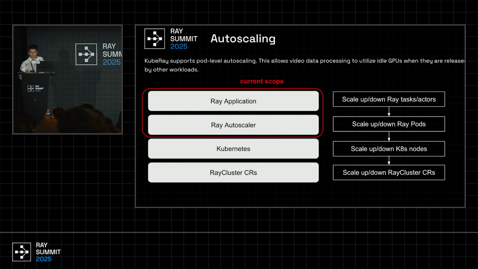So this is the current scope, and something we may do in the future is to spin up new Ray cluster custom resources across different Kubernetes clusters, because we have multiple Kubernetes clusters in our infrastructure.